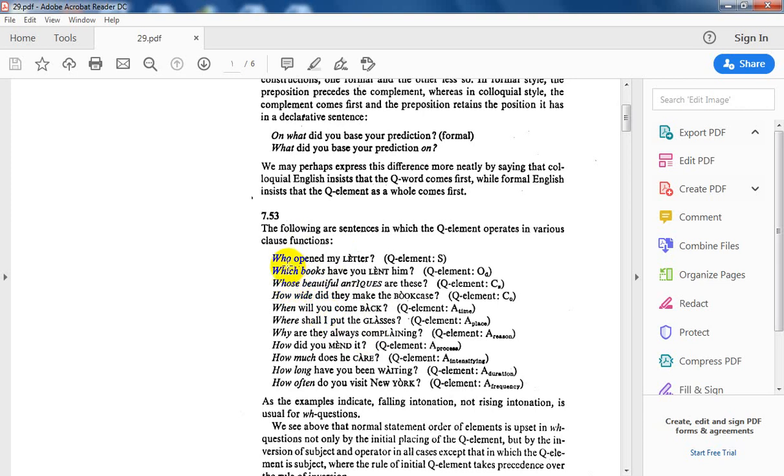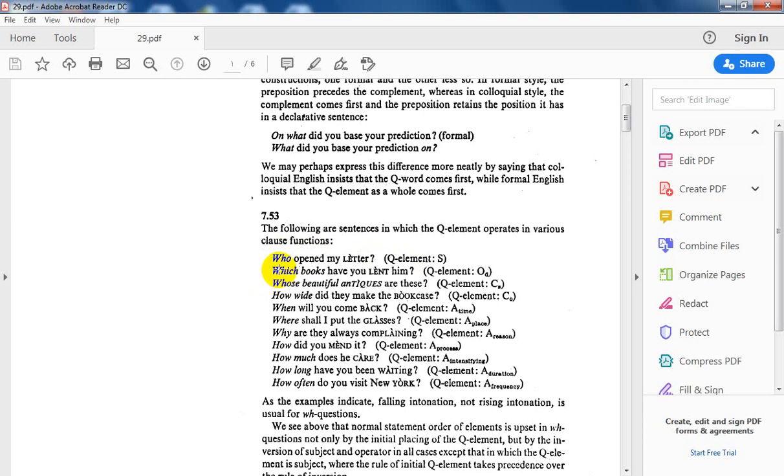The first one: Who opened my letter? When I give you such a sentence, I underline who, and you state its function. Since who asks for a subject, it is the subject of the sentence.